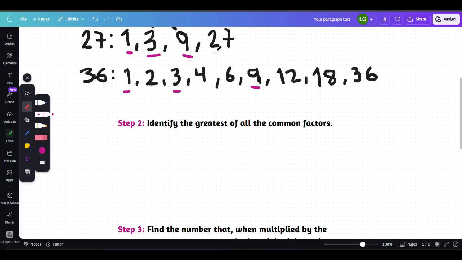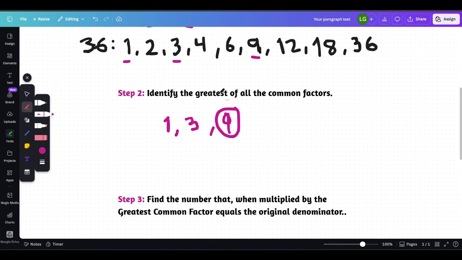And 27 is not on this list. So I got 1, 3, and 9, and the greatest of all of them is 9. That is my greatest common factor.